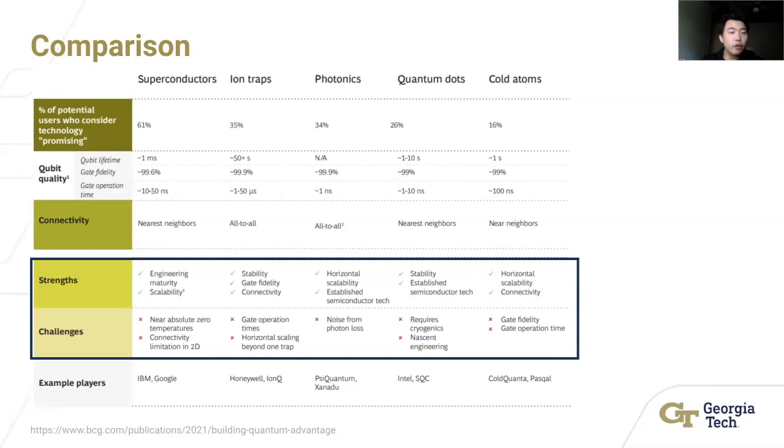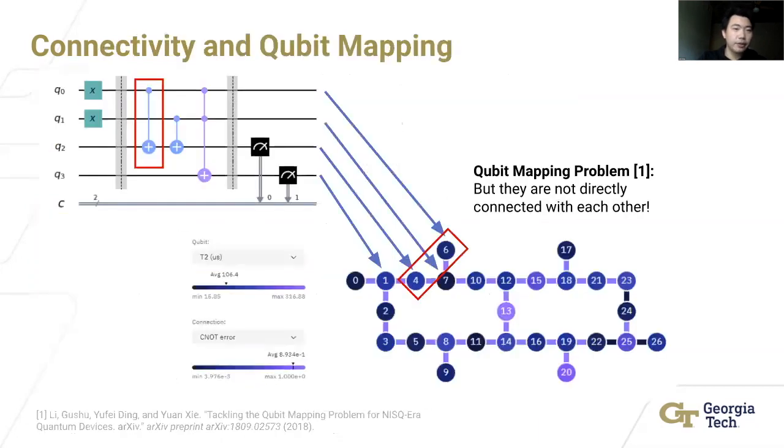Also, I think measurement fidelity is lower than in ion traps. And further, I think most people coming to this lecture at least know superconducting qubits and are interested in them, so I would like to emphasize one more connectivity problem. For example, I have a quantum circuit, a 4-qubit circuit, and I'm trying to map this and run it on the IBM Q hardware at the bottom.